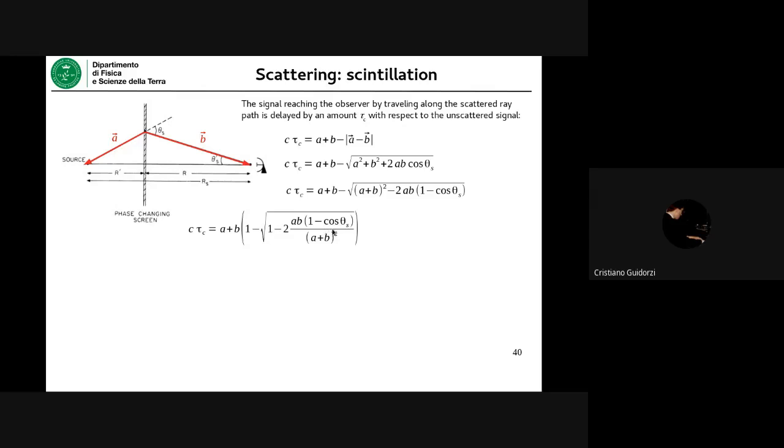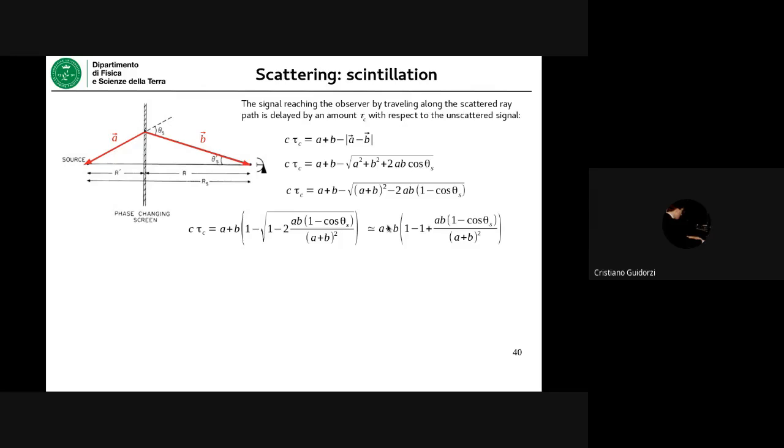Now, remember that the cosine of theta s is of a very small angle, so the cosine is very close to 1. So it means that this is a very small quantity with respect to 1. So you can Taylor expand the square root of 1 minus something small, which is 1 minus 1/2 that something small. So you have 2 here, 1 over half, so the 2 just vanishes, and you're left with 1 plus, minus 1 plus this guy here.